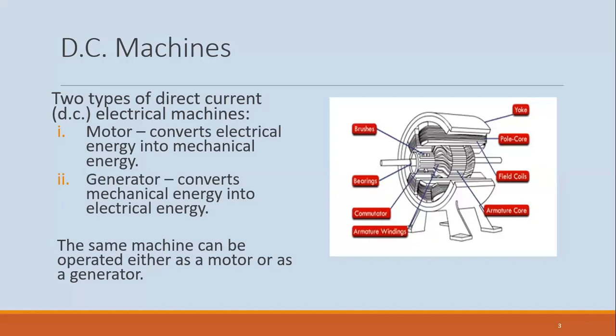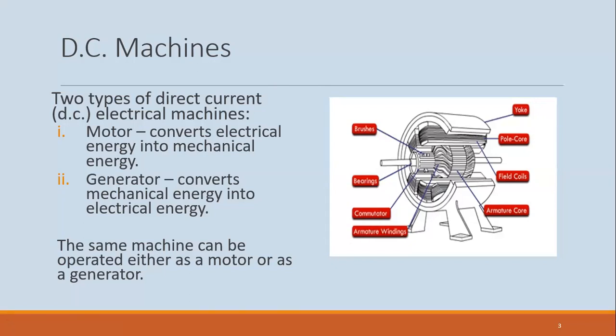So the machines, as I've said, are basically of 2 types: motors and generators. And you know what motors do? They convert electrical energy into mechanical energy, and a generator, the opposite, converts mechanical energy into electrical energy.